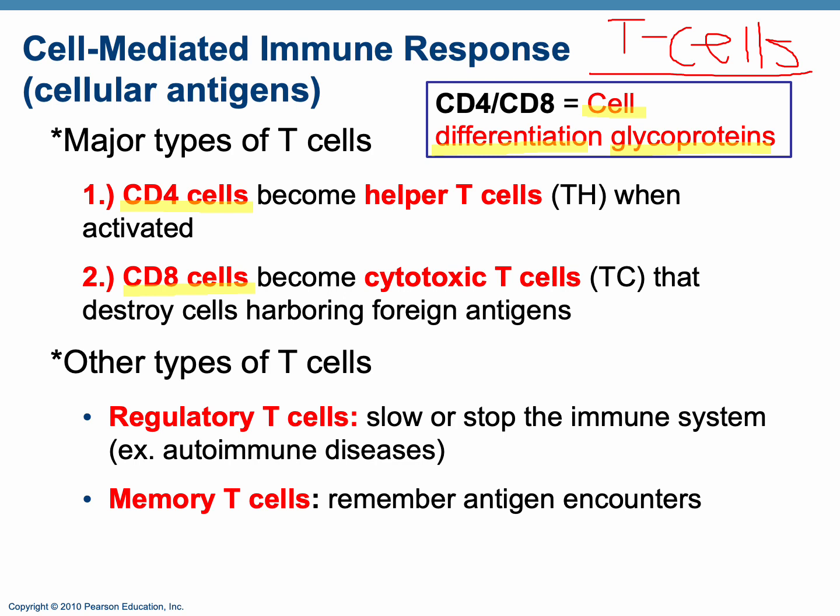The CD4 cells have the capability of evolving into what are known as helper T cells when activation occurs, while the CD8 cells can evolve into what are known as cytotoxic T cells, and they can go ahead and destroy cells harboring foreign antigens. There are other types of T cells, such as regulatory T cells, and there are also, of course, memory T cells, just like we had memory B cells. So again, they have that recollection of the antigen encounter.